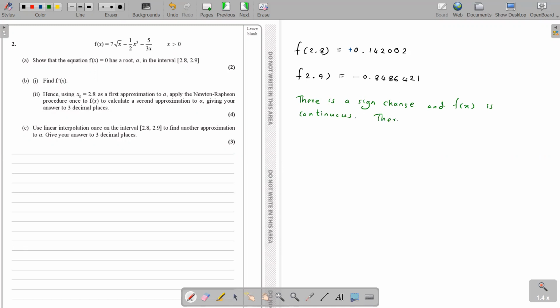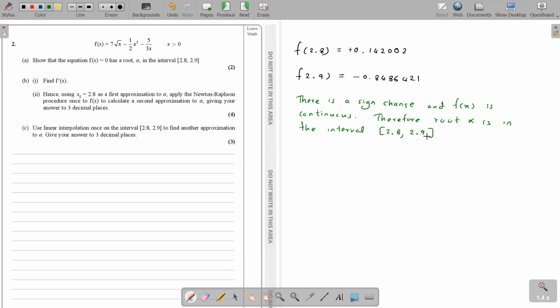Therefore root alpha is in the interval 2.8, 2.9. So that's the answer for this part.